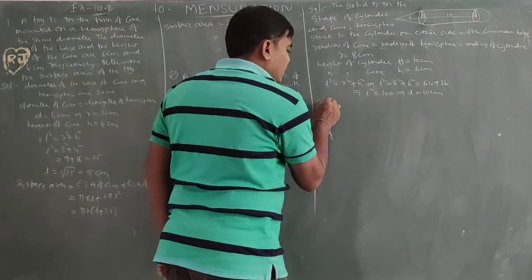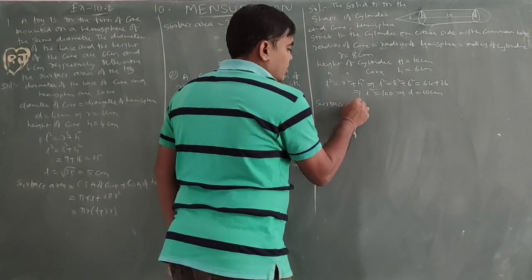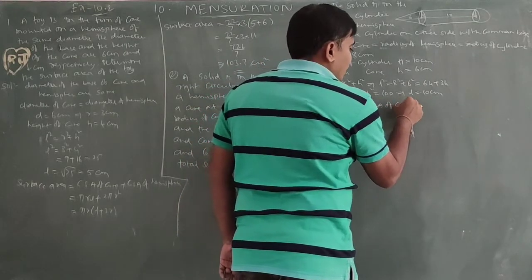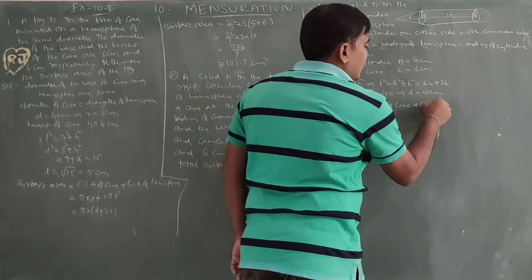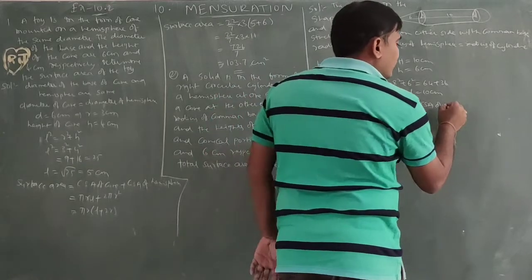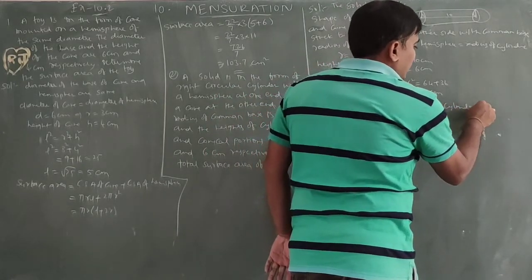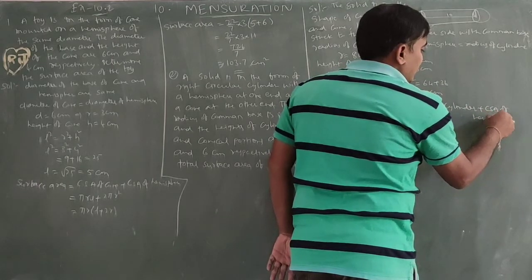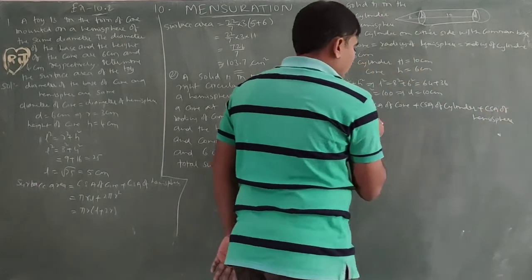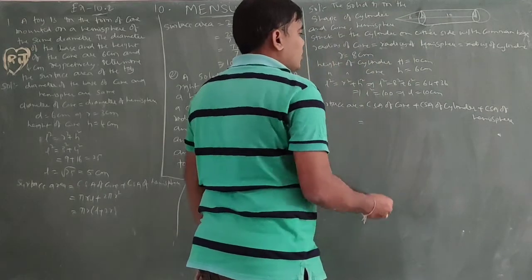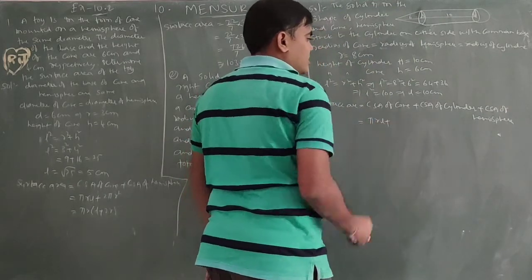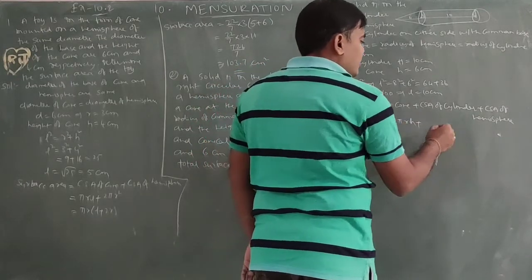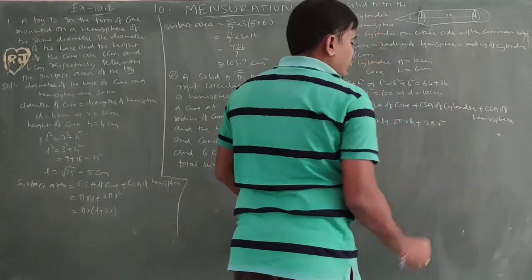So surface area equals CSA of cone plus CSA of cylinder plus CSA of hemisphere. CSA of cone is pi R L, plus CSA of cylinder 2 pi R H, plus CSA of hemisphere 2 pi R squared.